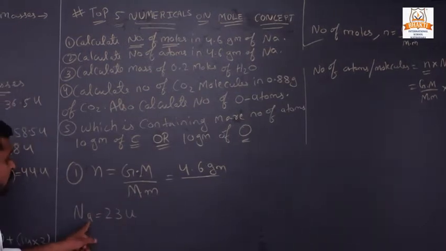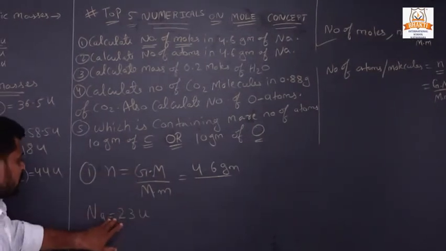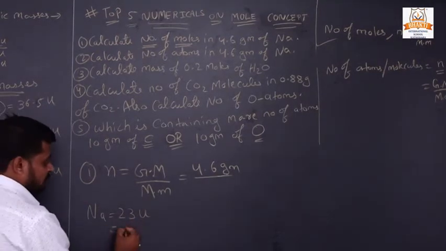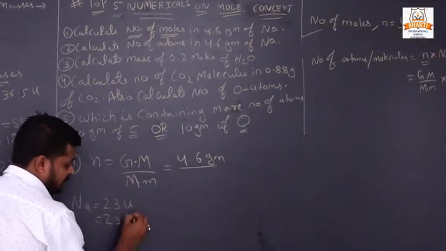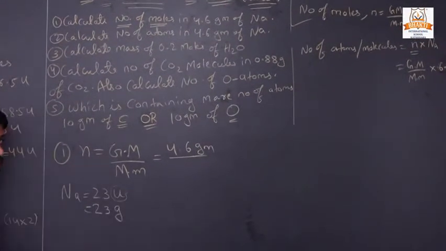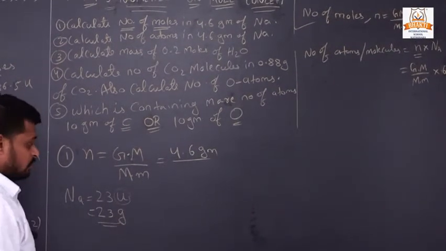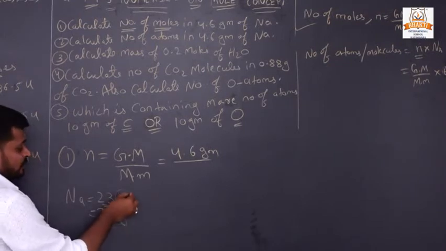Then when we are calculating the number of moles, we convert into gram, and we only have to write gram instead of unified mass. Then it will convert to molar mass. It was atomic mass, so we are using the atomic value.